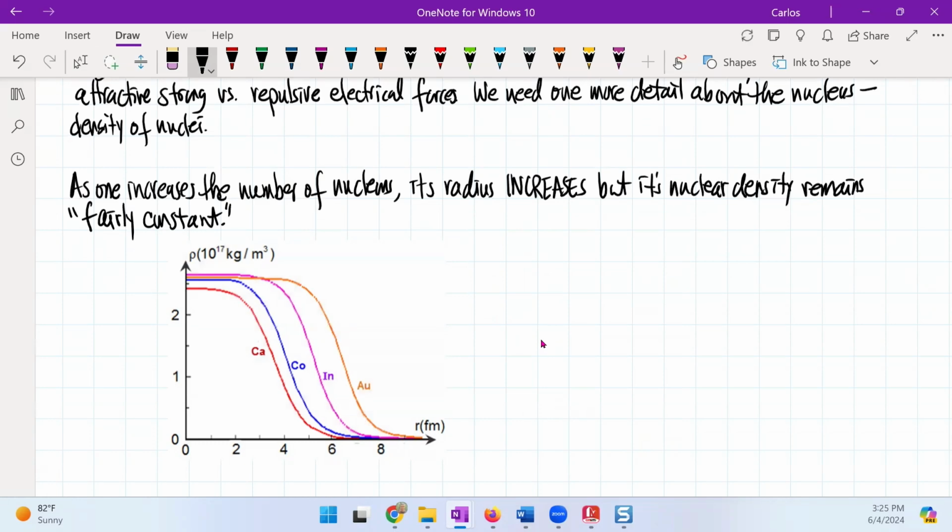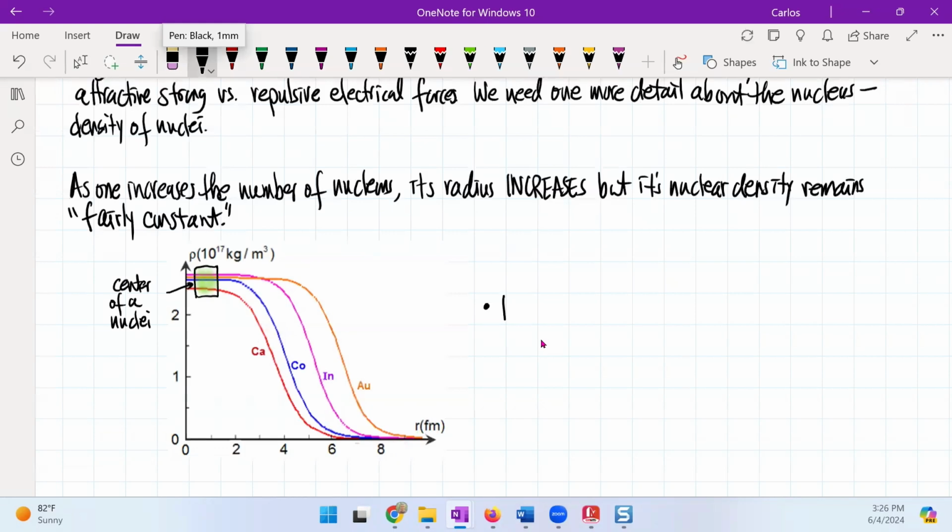If I look at this region right here, this is the center of a nucleus.